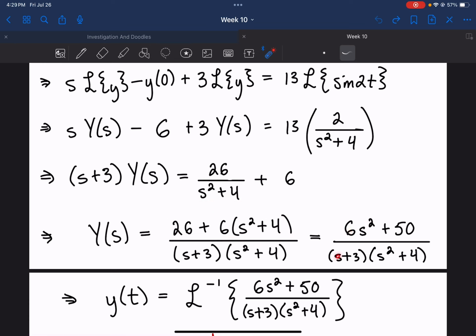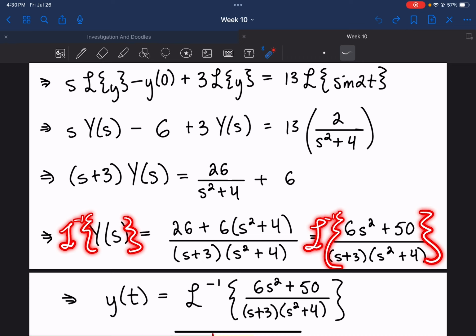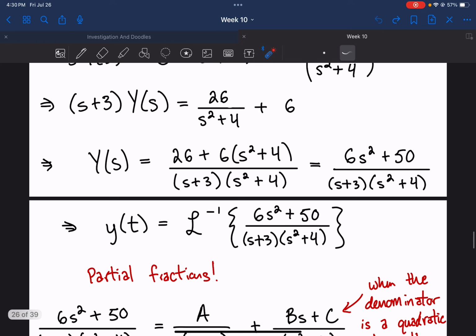And now, since this is big Y, in order to get to little y, I just take the inverse Laplace transform of both sides. Inverse Laplace transform of this side gives me y. Inverse Laplace transform of this, I've got to work on that. But thankfully I know partial fractions.